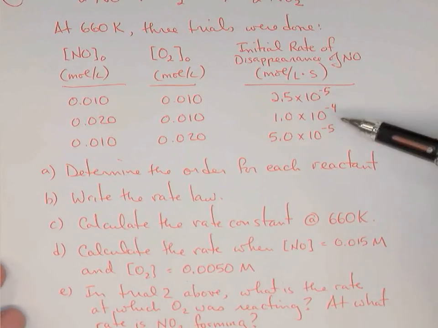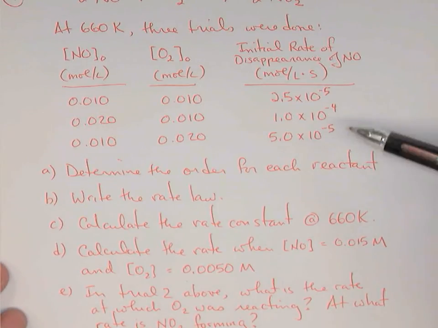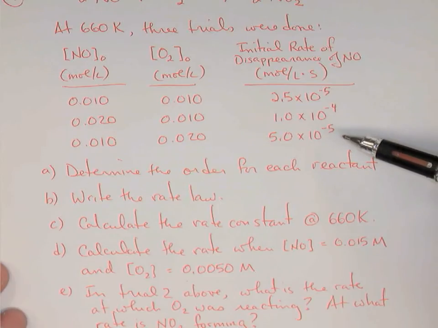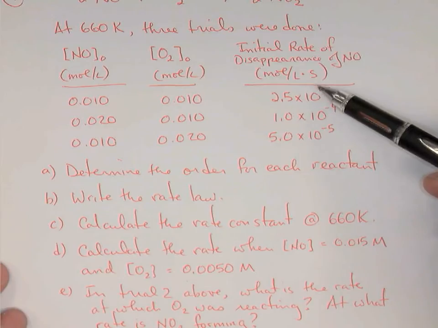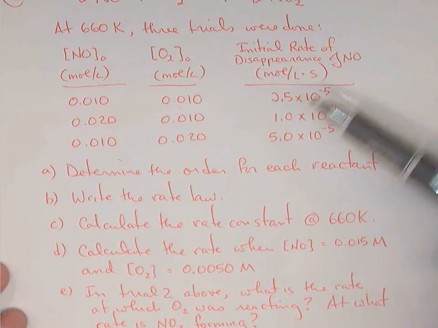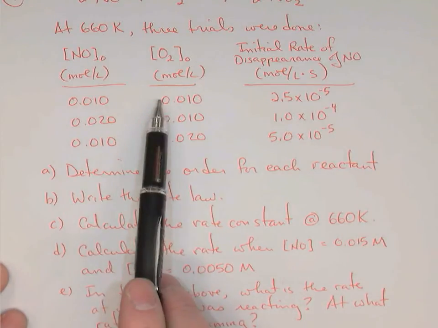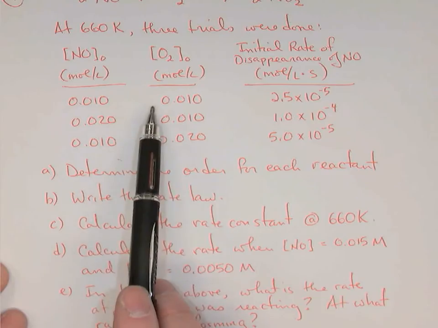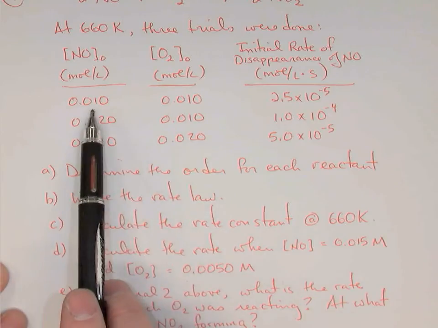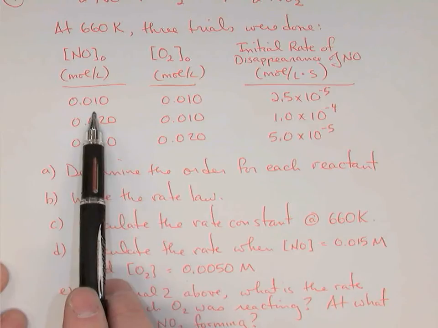done. Notice that in the 3 trials, the rate of disappearance of nitrogen monoxide was measured in moles per liter per second, and they were done by changing different concentrations of NO and O2. So in trial 1, you had 0.010 moles per liter NO initially.